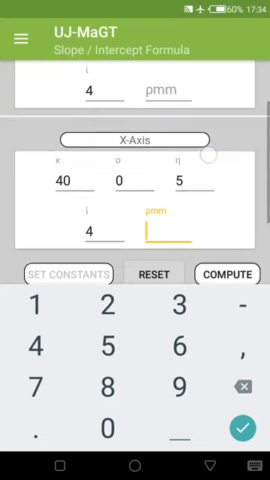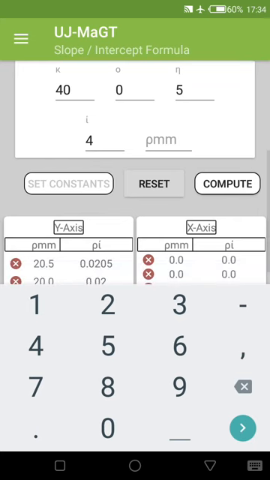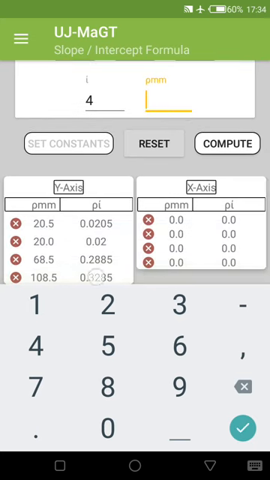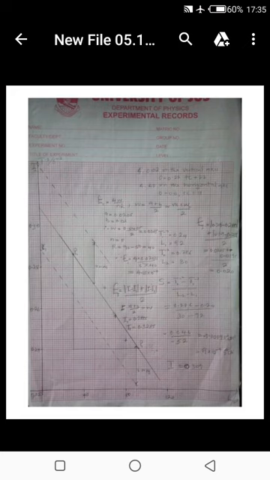Now to find the intercept I2, you put 108.5 here, and you can put 0 here. Then you compute. That tells you that the intercept I2 is 0.3285. So you can now come and substitute in your relationship.